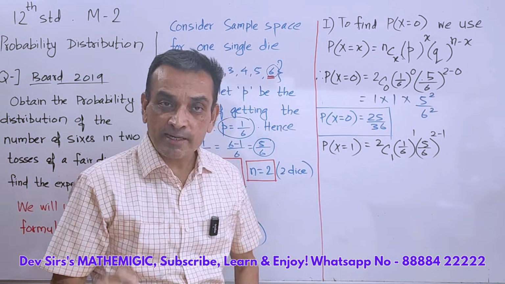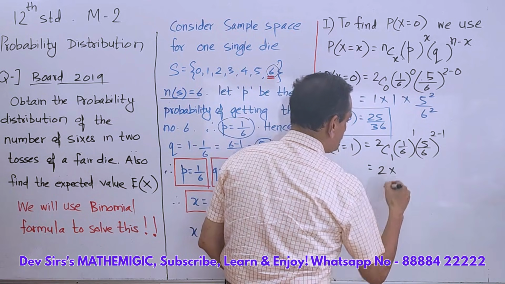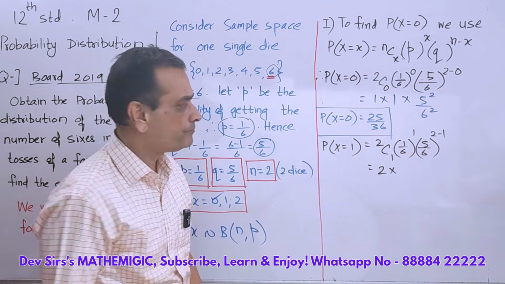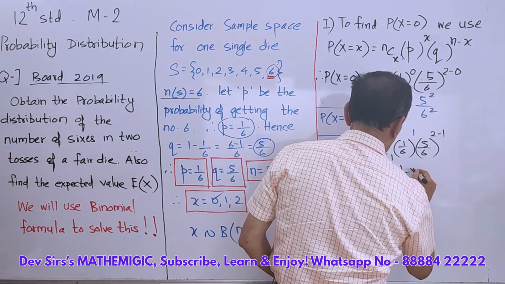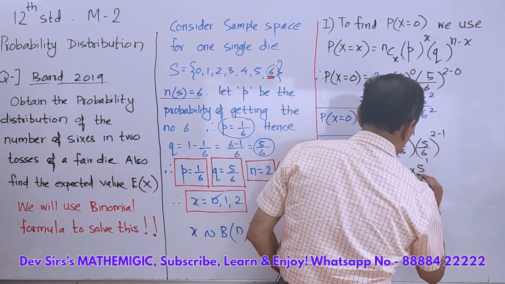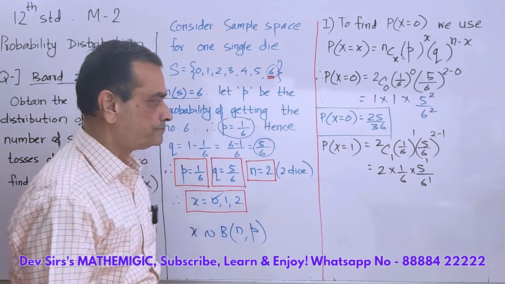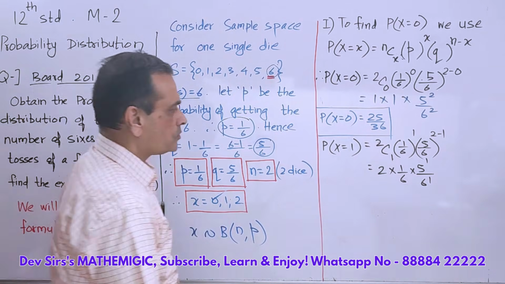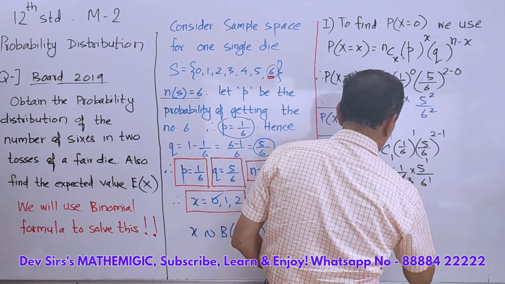Now 2C0 is 1, but 2C1 is 2. Basic formula. 1 upon 6 raised to 1 is 1 upon 6. 5 raised to 2 minus 1 is 1. 5 raised to 1, 6 raised to 1. So 2 3s are 6.